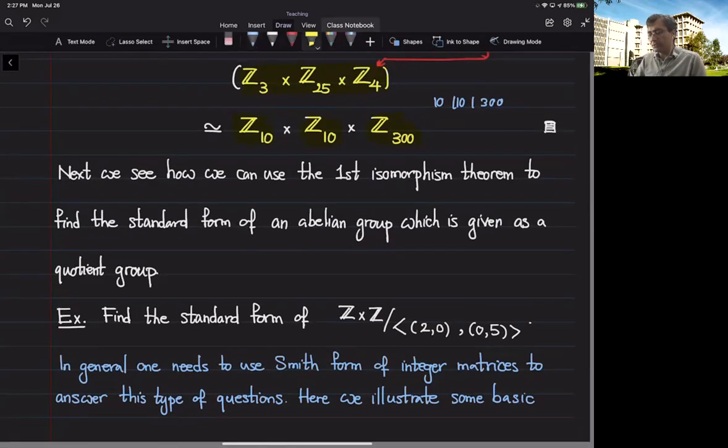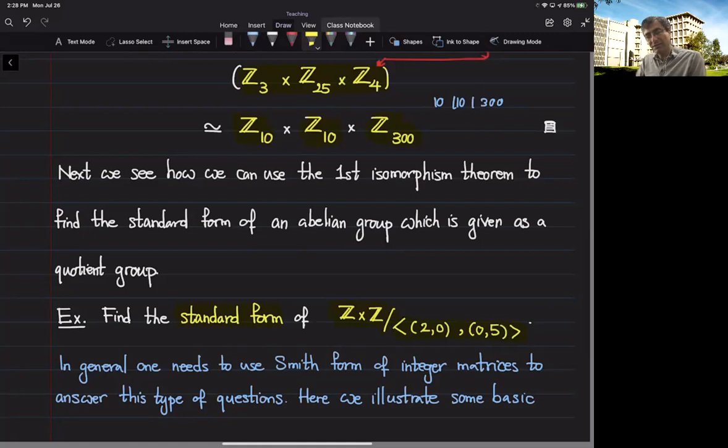So we want to find the standard form of the abelian group that's given by this quotient. We look at Z cross Z and then mod it out by the subgroup that's generated by (2, 0) and (0, 5). In general, in order to answer this type of question, I give you a Cartesian product of a bunch of Z's, and then I'm modding out by some subgroup that's generated by certain vectors.